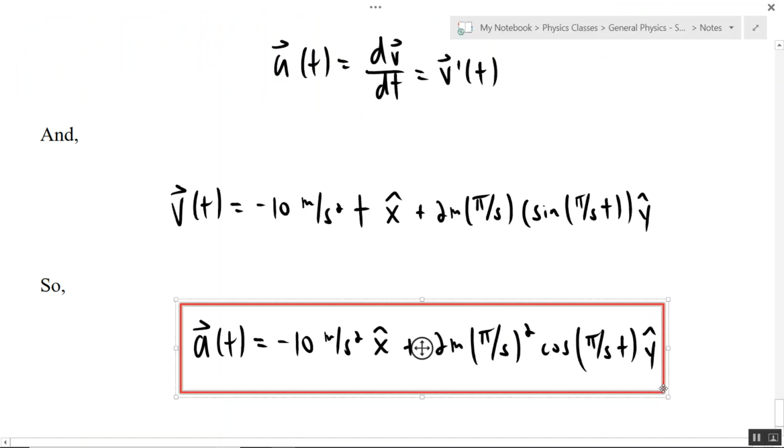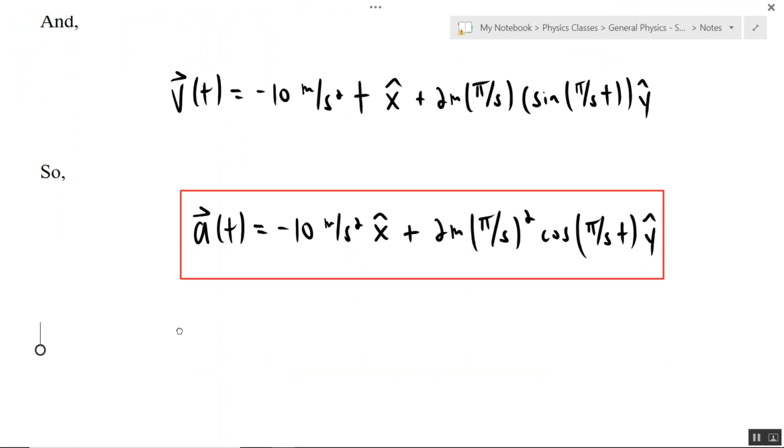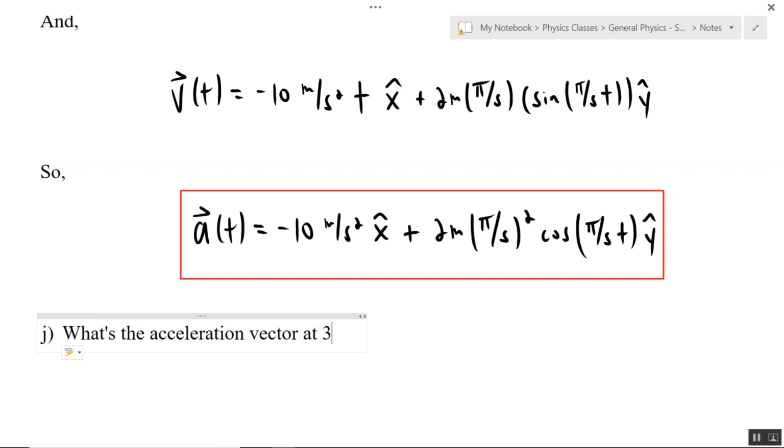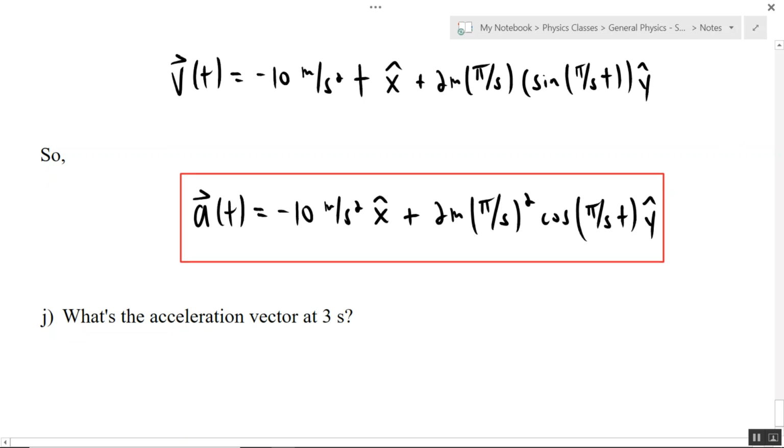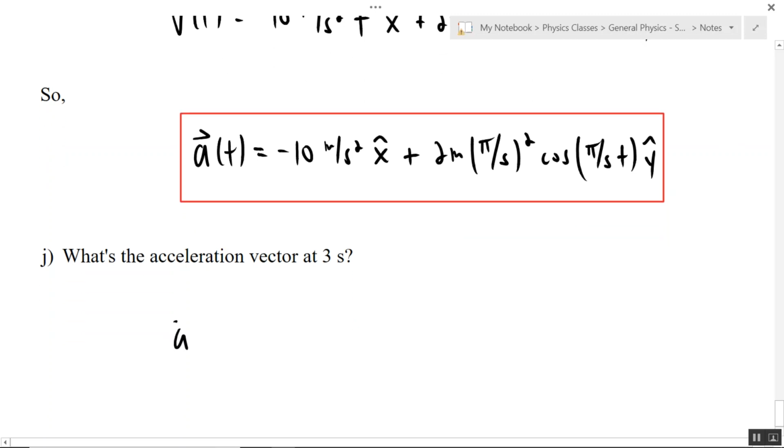All right, does that make sense? All right, so then we can do this. This is part, what was it, J? Just as an example, you can pick a time to find what the acceleration vector is at 3 seconds.